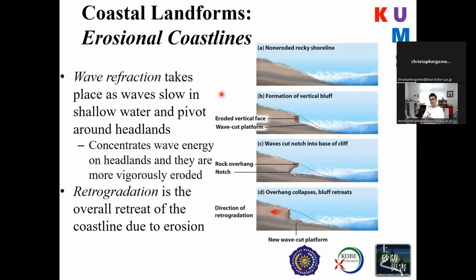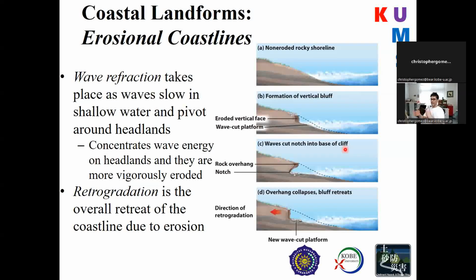So when you look at those erosional coastlines, not in plan form anymore, but as a cross-section on the shore, you will have typical landforms that will be created. Looking at this graphic here, we start with a non-eroded rocky shoreline first, then we go into B, formation of a vertical bluff, C, waves that cut a notch in the base, and then the overhanging cliff collapses, and then the sea cliff retreats and erosion continues at the bottom.